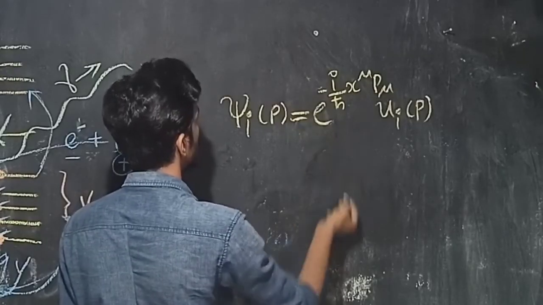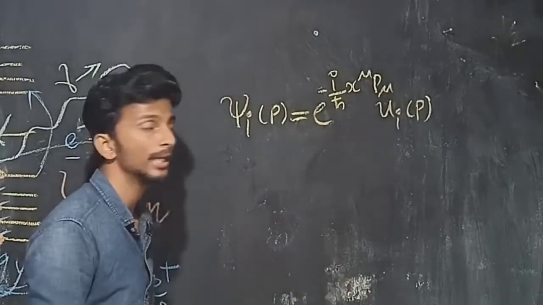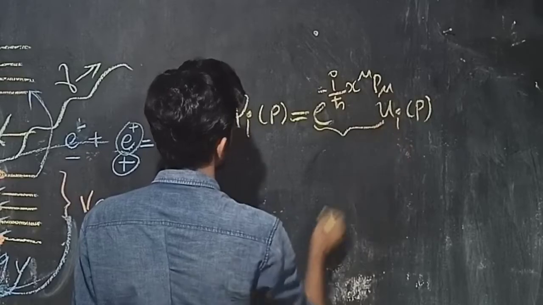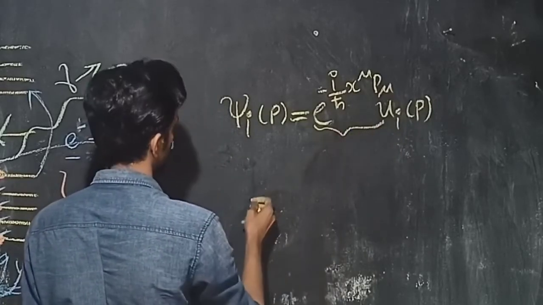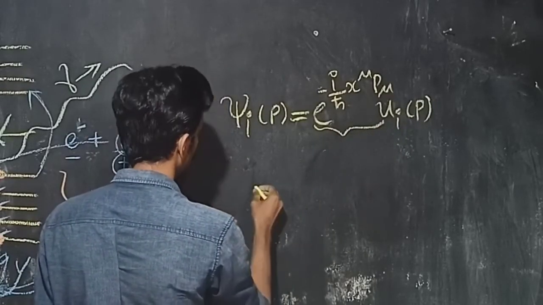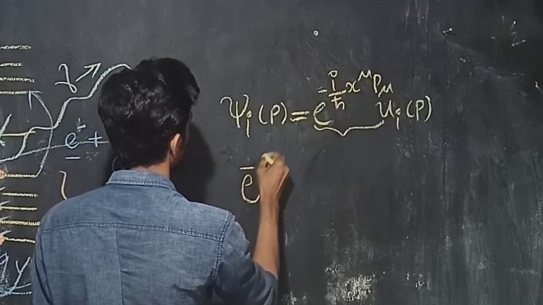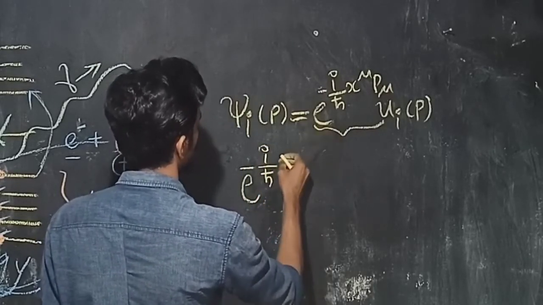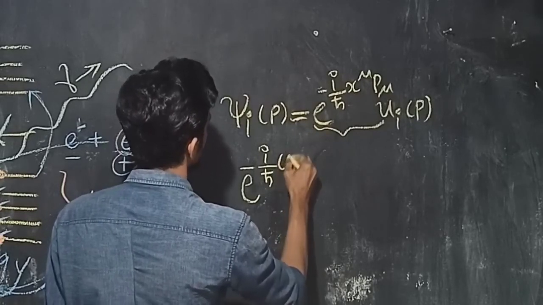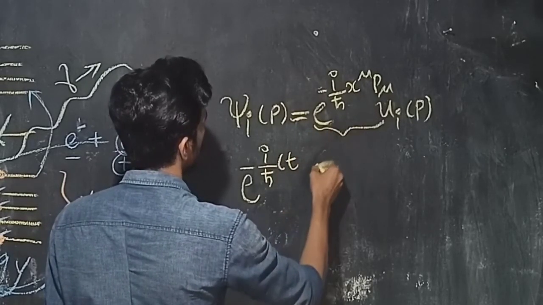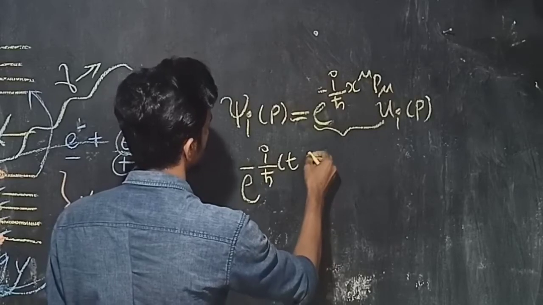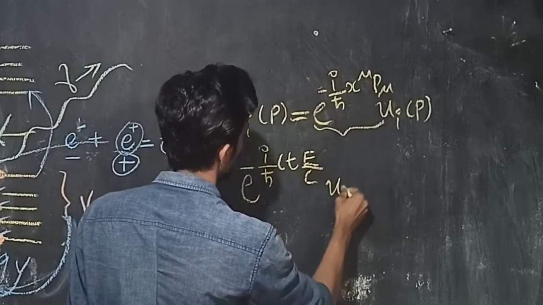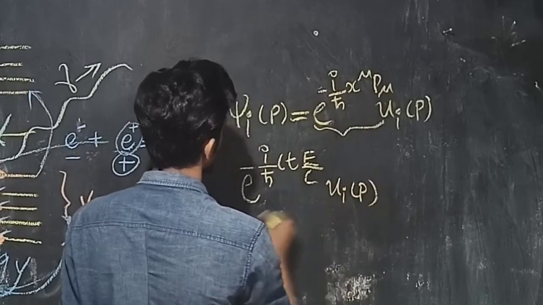To talk about the negative energy states, we only need the energy part of this expression. So what's the energy part? It is e^(-i/ħ), the time part is ct, and the time part of the four-momentum vector is E/c times u_i(p).